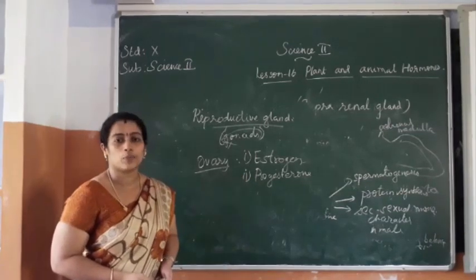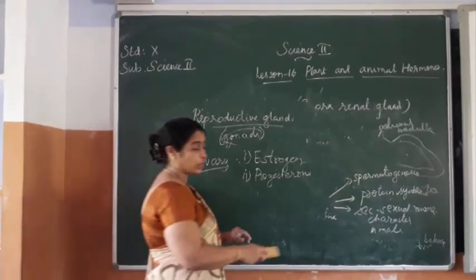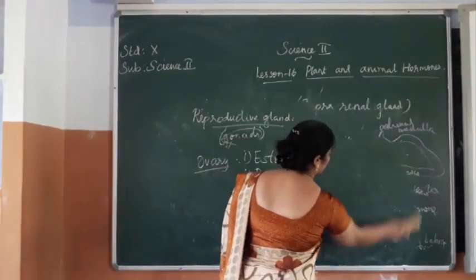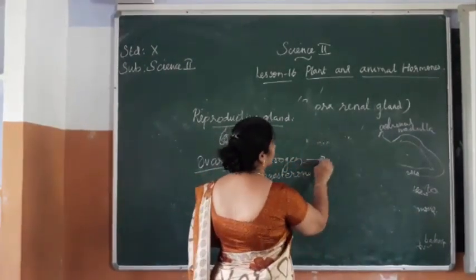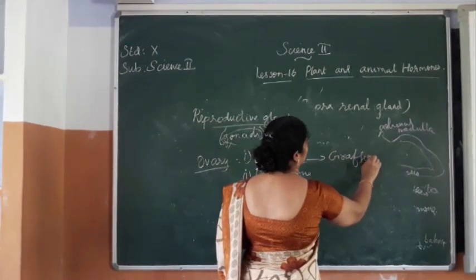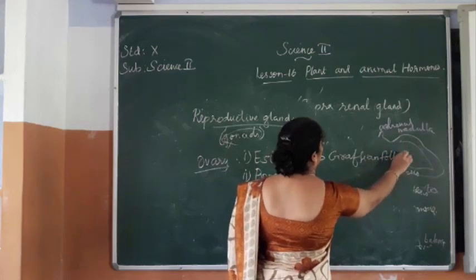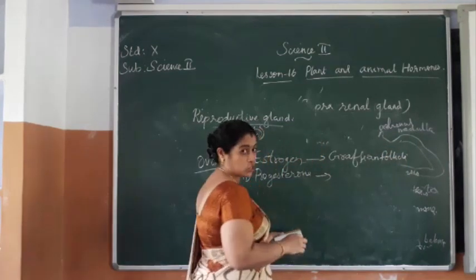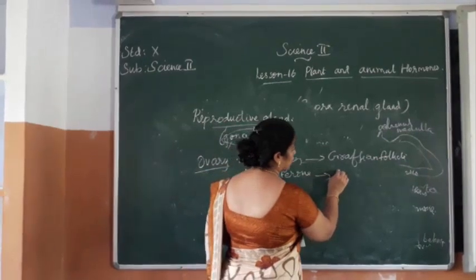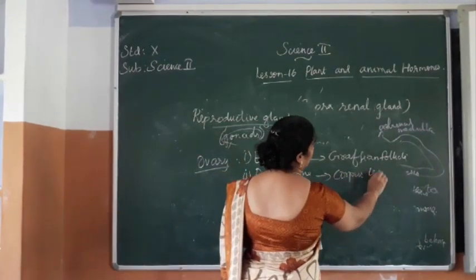First we are going to see about estrogen. Estrogen is produced by the Graafian follicles. And progesterone is produced by the corpus luteum.